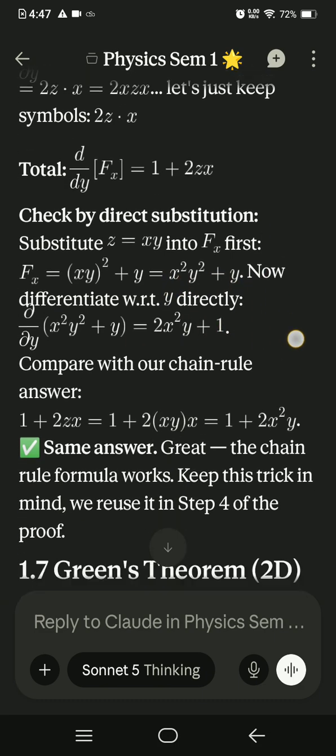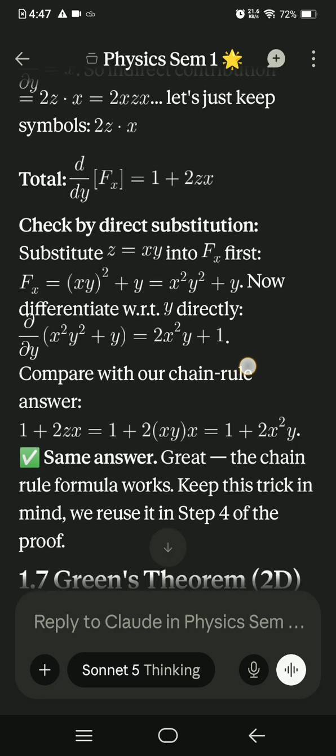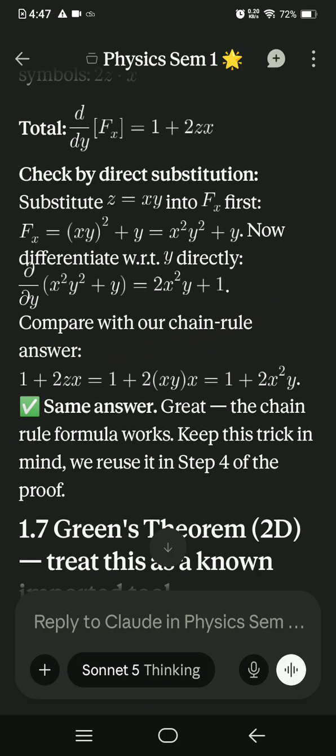Then compare with the chain rule answer. Yes, we have the same answer. Great, the chain rule formula works.